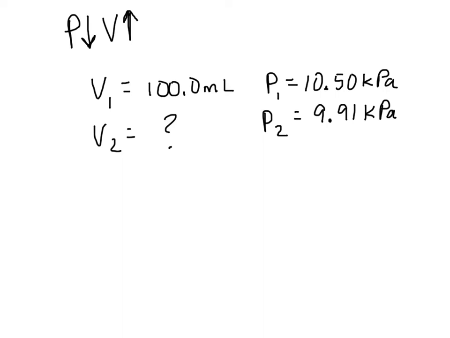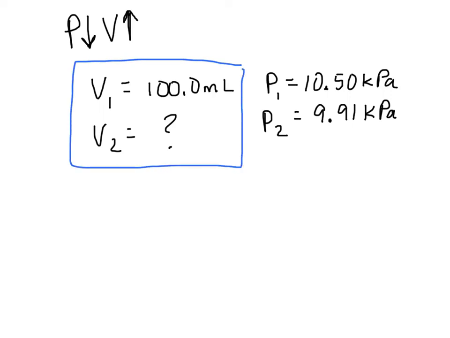Okay, now we have to set up the model. Start with the variable that you're looking for. We're going to start with our 100 milliliters. Multiply it by a fraction that's going to make our volume increase. We want our volume to get bigger. If we want it to get bigger, which number is going to go on top, the bigger number or the smaller number?